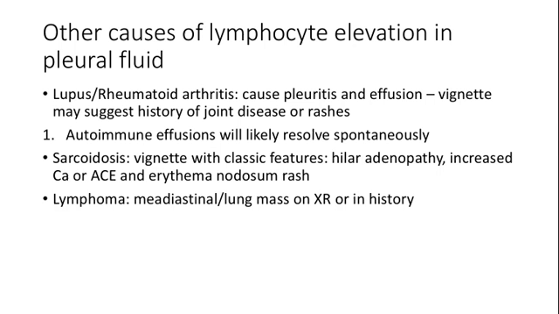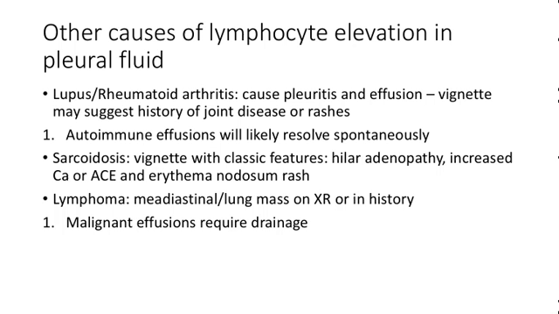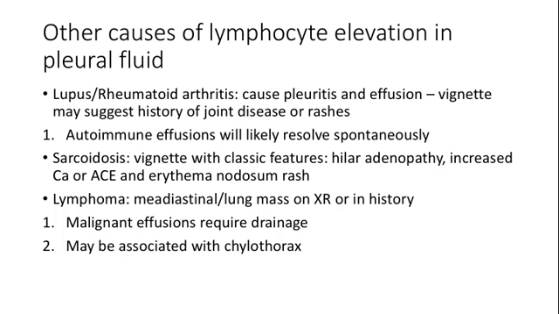And then a lymphoma or a lung mass, and I'm sorry I kind of wrote that poorly there, both of those can cause associated effusions. Something I would recommend you know for the shelf is that if you're dealing with a cancer-related effusion, you should drain it, just like you would for a complicated parapneumonic effusion.